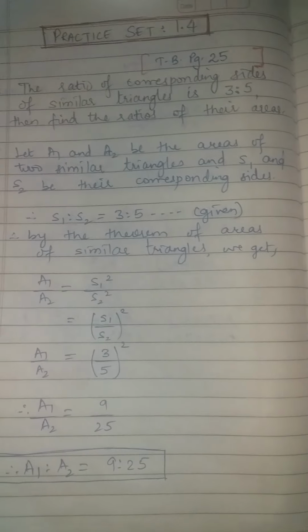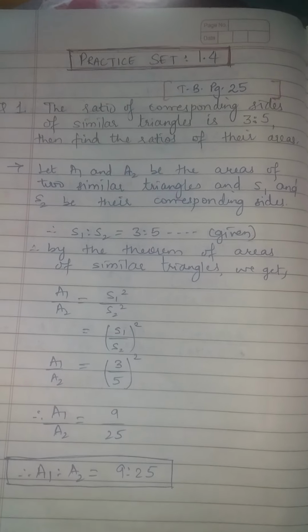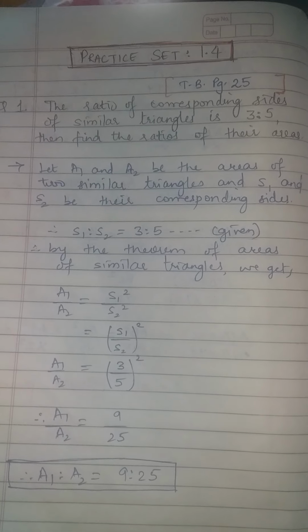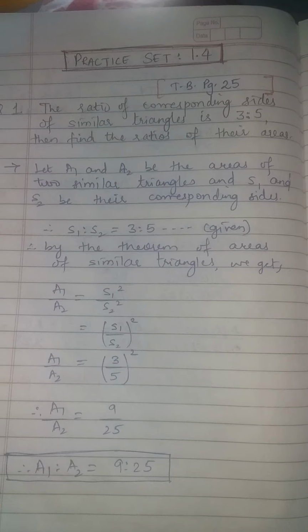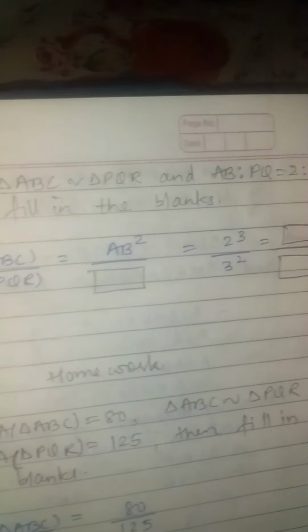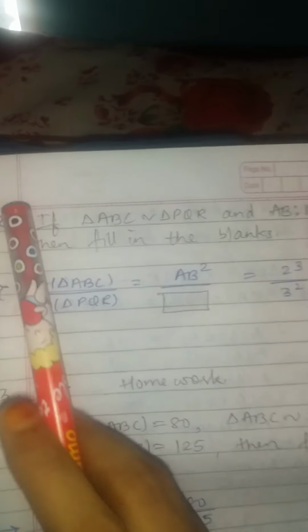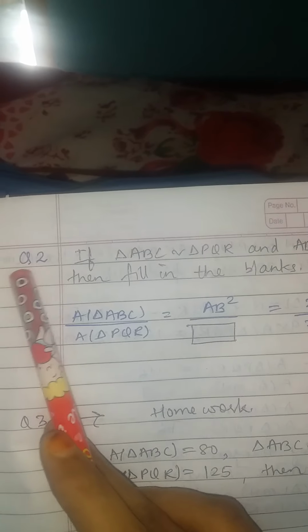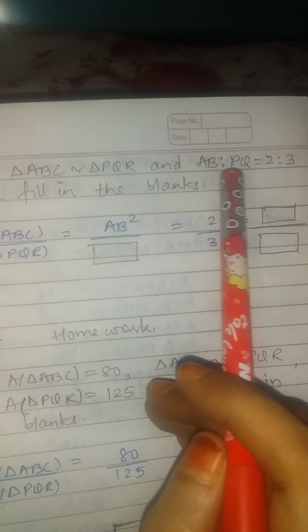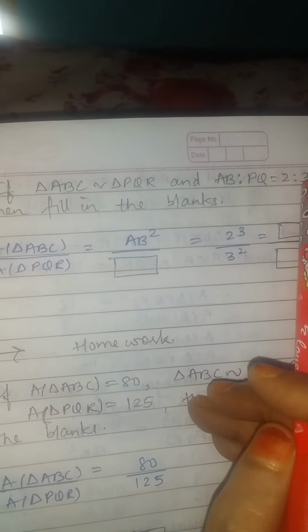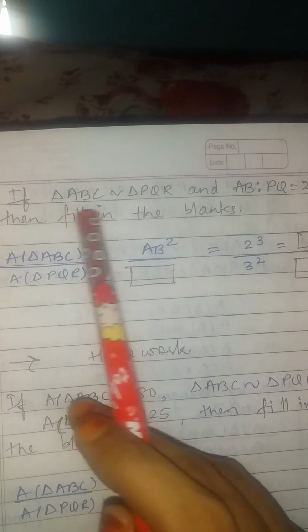You can pause the video as per your requirement and note down the solution of the problems and whatever you need to note. Fine. Proceeding further towards the second question of practice set 1.4. Question number 2: if triangle ABC is similar to triangle PQR and AB is to PQ is equal to 2:3, then fill in the blank.